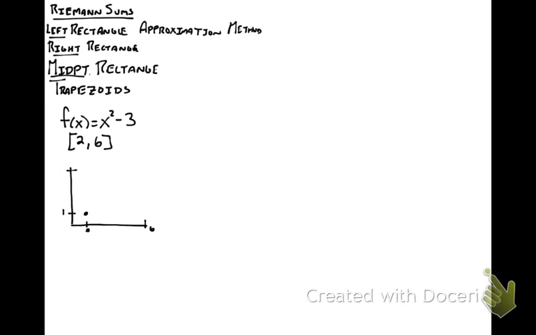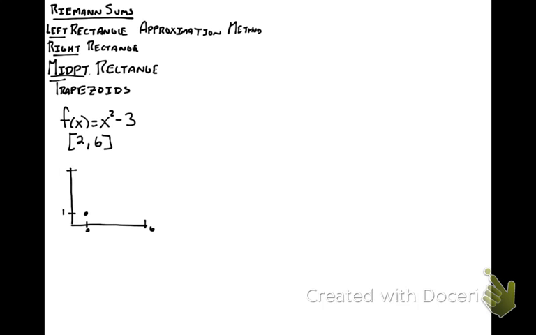This is definitely not to scale, but we have a rough sense that our picture looks something like this. So from (2, 1) to (6, 33), I'm going to only use 4 rectangles, or r equals 4, so I'm going to have 4 intervals.